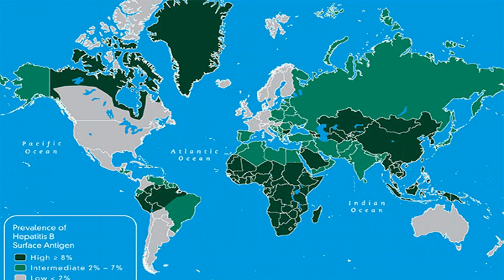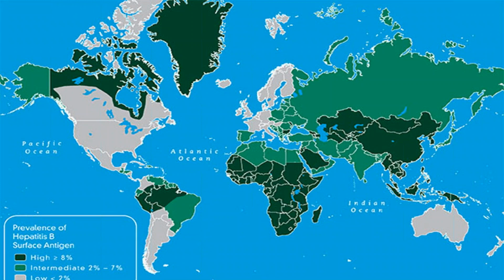The medium green countries are between 2 and 7%, and the low prevalence countries are in the grey, where less than 2% of the population have chronic hepatitis B. And so once again, we see that countries where many of our patients are drawn from have either high or intermediate prevalence of hepatitis B. And so the migrants from those countries bring that risk of hepatitis B with them when they come to Australia.